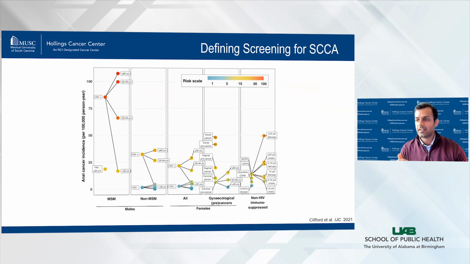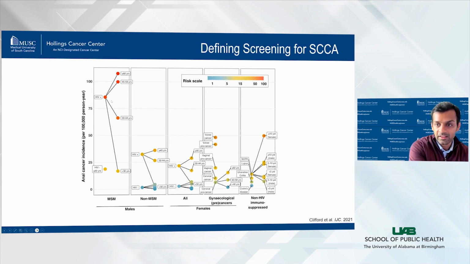In terms of defining anal cancer risk and who we should be screening for anal cancer, this is a very nice meta-analysis that my colleague Gary Clifford from IARC led a few years ago, where he quantified anal cancer incidence among various risk groups. And as we can see, it's truly possible to quantify incidence among various risk groups and separate it. For example, men who have sex with men living with HIV.